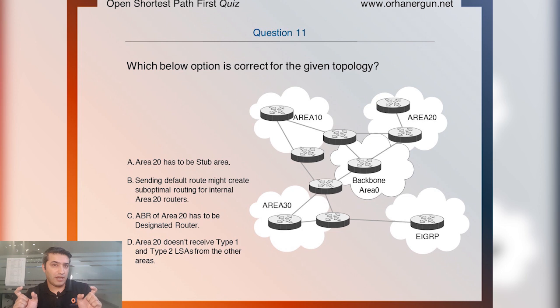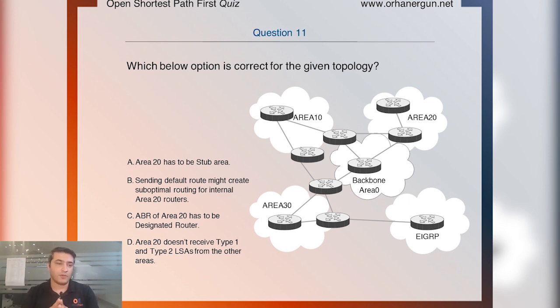If we have two ABRs, we might create suboptimal routing. Why? Instead of sending from the left router, we might be sending from the right router. Maybe the optimal path would be through the left ABR, but we are sending to the right one, because maybe the two ABRs are advertising the same metric, so we can do ECMP, and half of the traffic will be suboptimal.